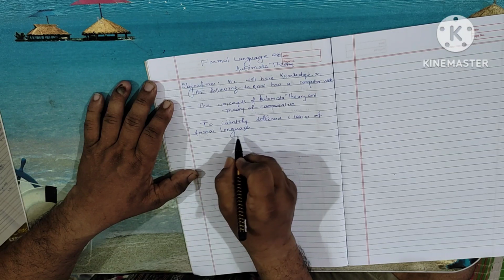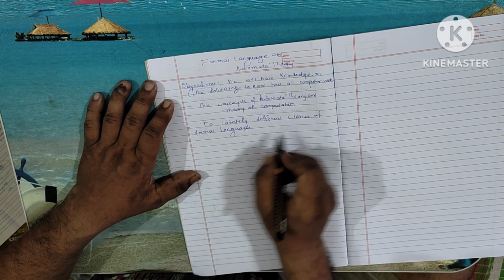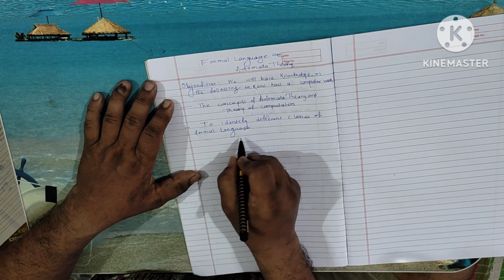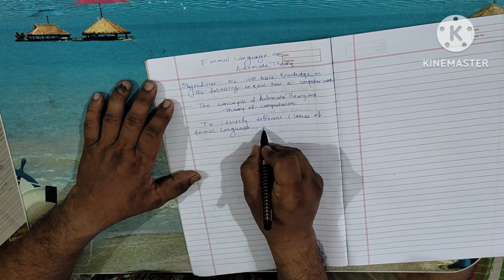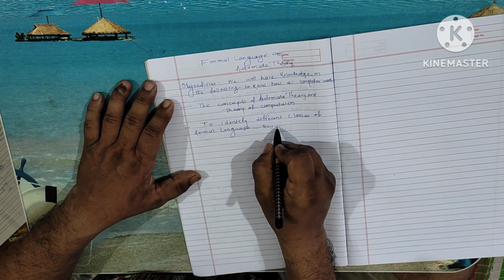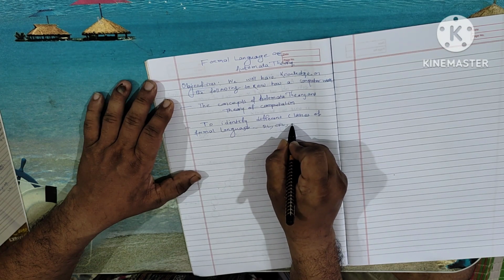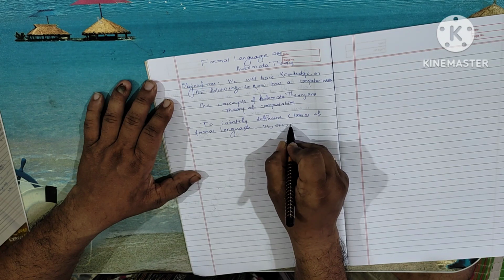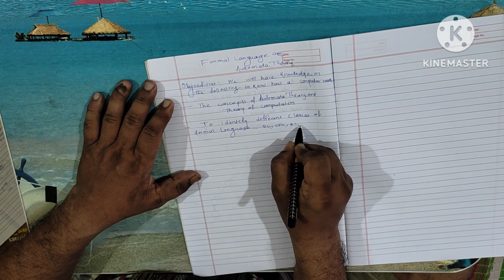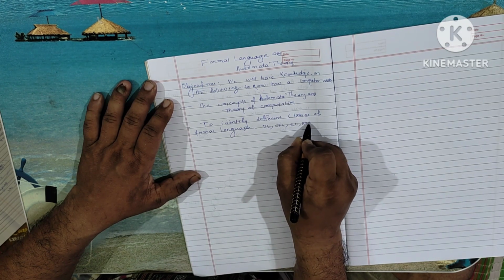We will see here different classes of formal languages. We will have the idea of regular languages. We will have the idea of context-free languages. We will have the idea of recursive language. We should have the knowledge of recursively enumerable language.